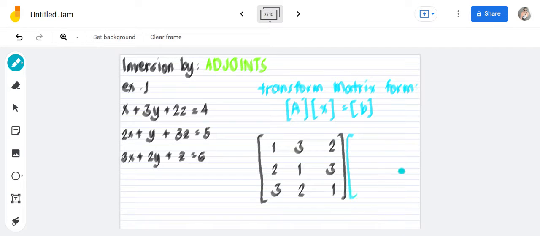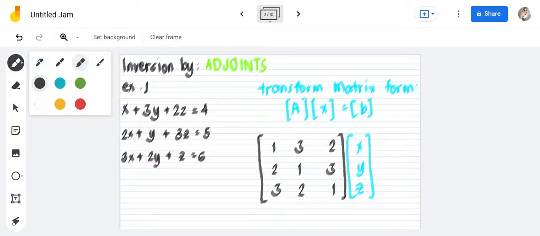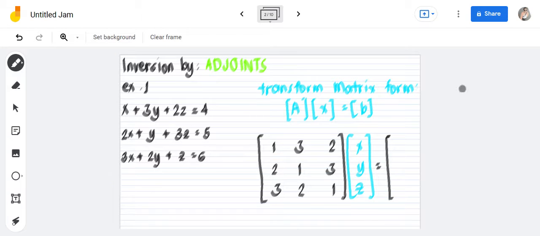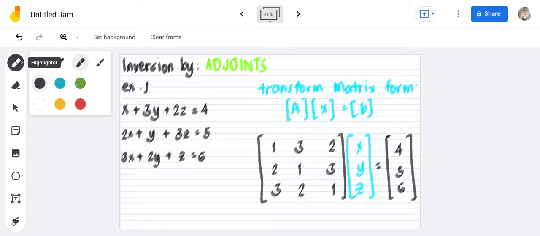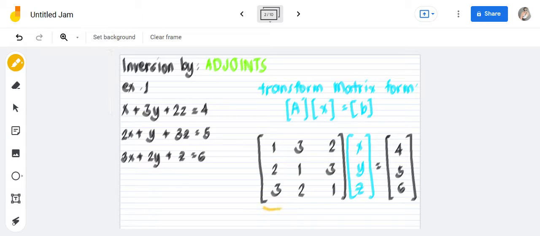We have your unknowns X, Y, and Z. Then we have your constants 4, 5, 6.